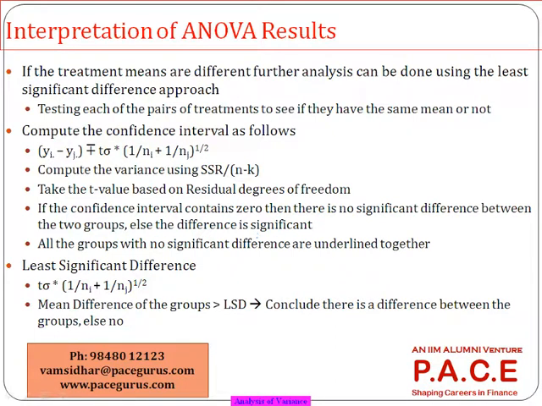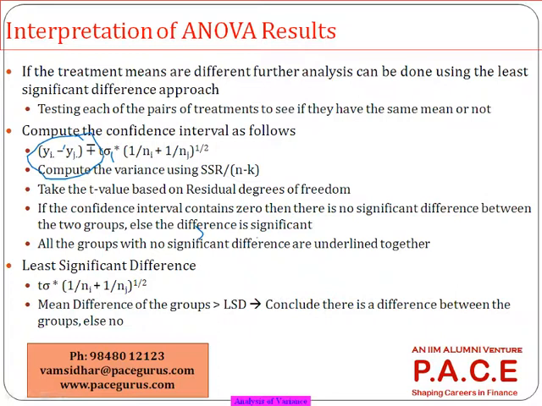What we can very well do is take the mean of each one of them plus or minus t times, again the standard error, multiplied by square root of 1 by n1 plus 1 by n2.